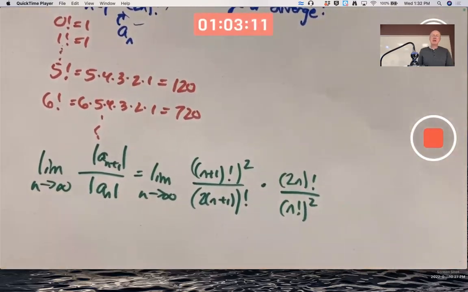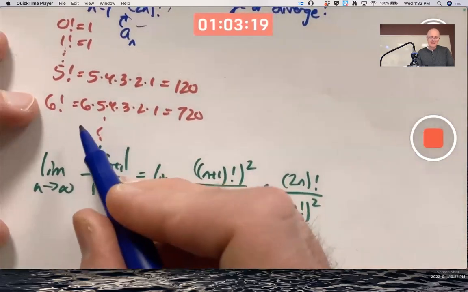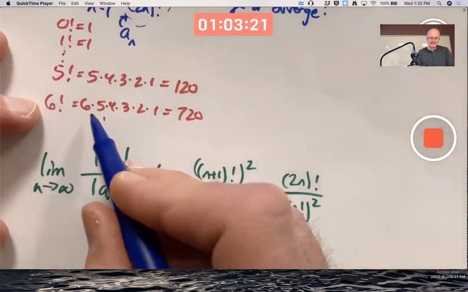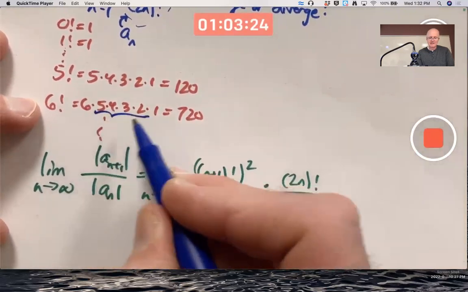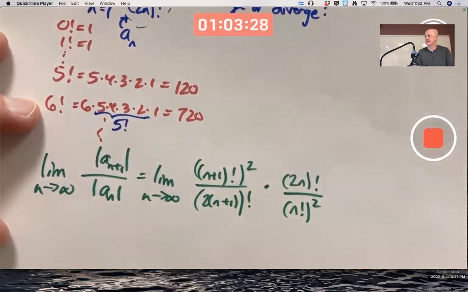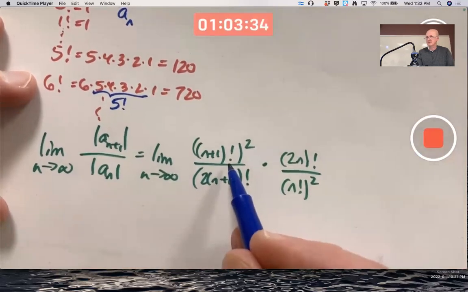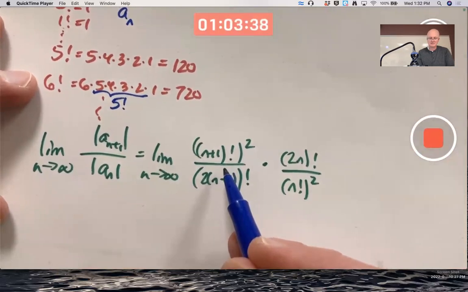Even though that looks crazy difficult, it's actually very easy. What you need to use is the fact that any number factorial, like 6 factorial, is that number times the preceding number factorial. 6 factorial is the same as 6 times 5 factorial. So (n plus 1) factorial is the same as (n plus 1) times n factorial.